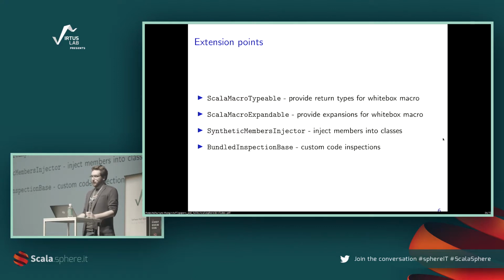So far, that's what you can do with it. We have several of the most common interfaces which you can implement for basic reasons, like providing return types for a whitebox macro, or for macros that do not really play well without being fully expanded.